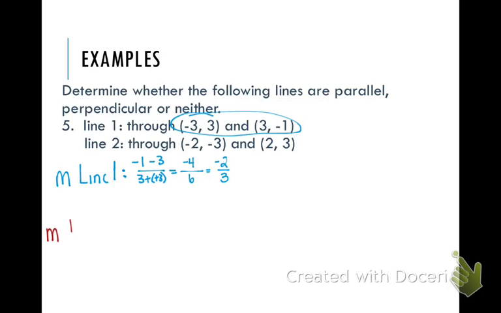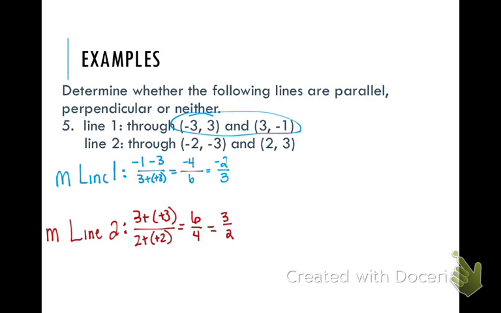So if we do the slope of line 2, I'm just going to go 3 minus -3 over 2 minus -2. Change that to a positive, so I have 6 over 4, reduces to 3 over 2.